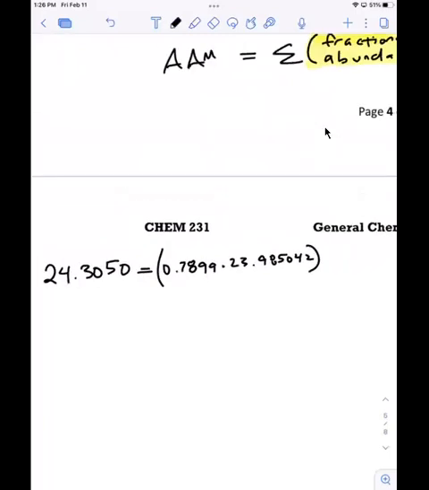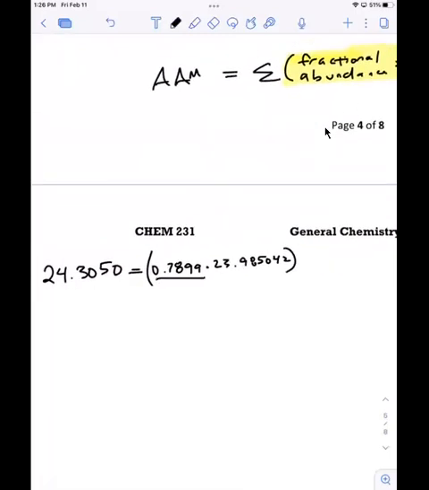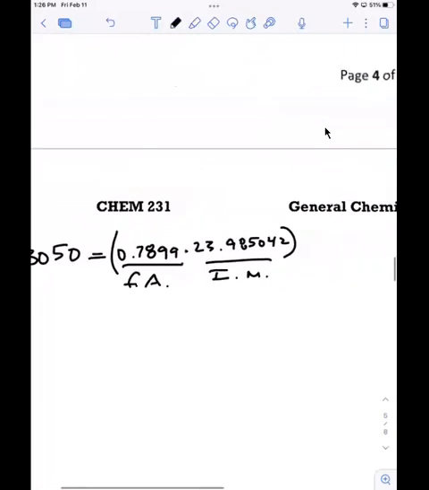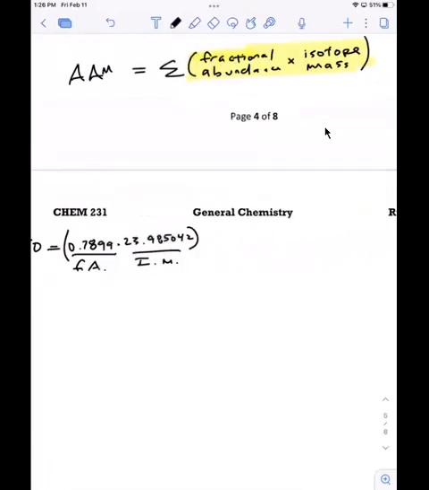All right, that's one. So this is again the fractional abundance, and this is the isotope mass. And then I'm going to do that two more times for the other two fractions.